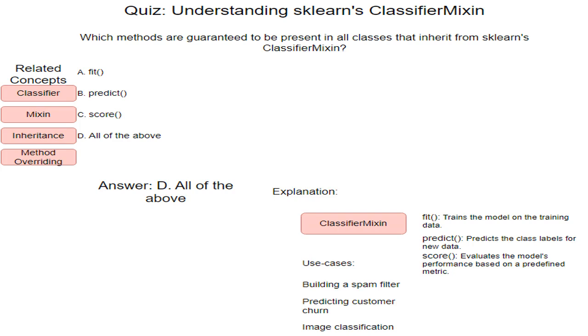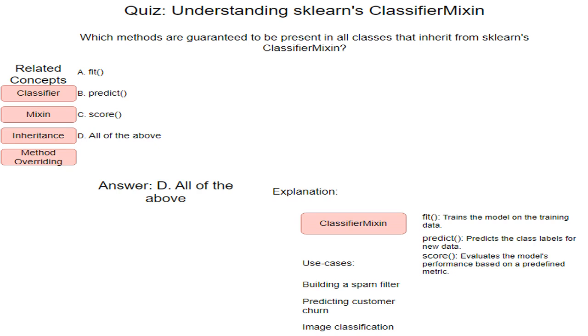Imagine we have different types of classifiers, such as logistic regression, decision tree, and naive Bayes. Each of these classifiers might have its own internal mechanisms for training and making predictions. However, by inheriting from classifier mixin, they can all share the same fit, predict, and score methods, making their integration and usage more consistent.